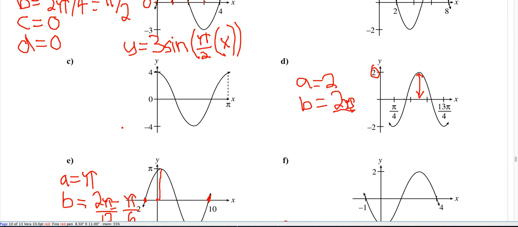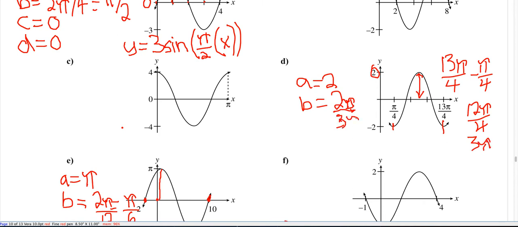To find the period length, or from this point to this point, we have to do 13 pi over 4 minus pi over 4. So we get 12 pi over 4, which is the same as 3 pi. Then 2 pi divided by 3 pi to get the b value, that's equal to 2/3 because the pi's cancel. The shift is obviously, you can see we start at pi over 4 to the right, so the shift is pi over 4.